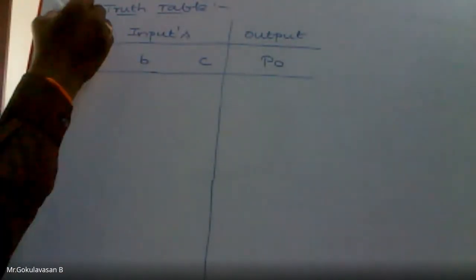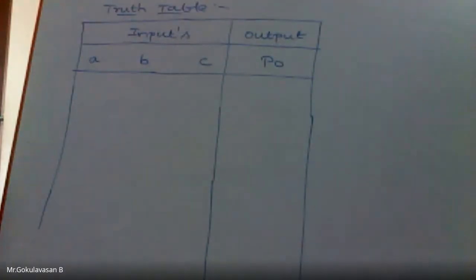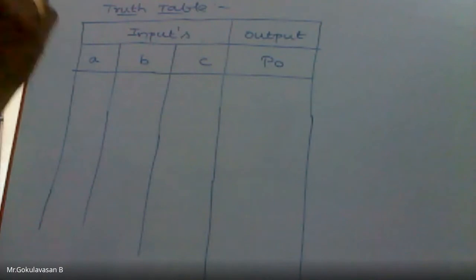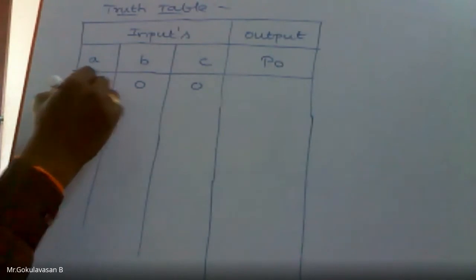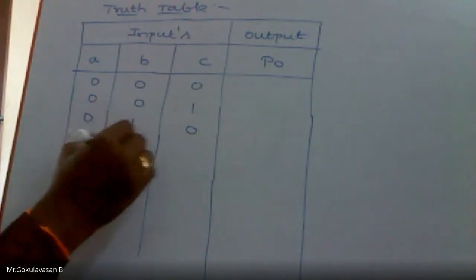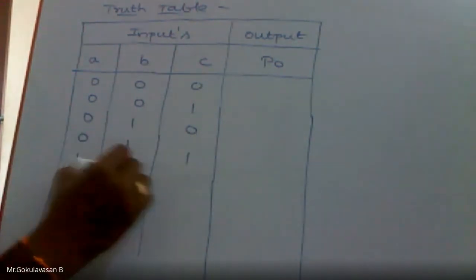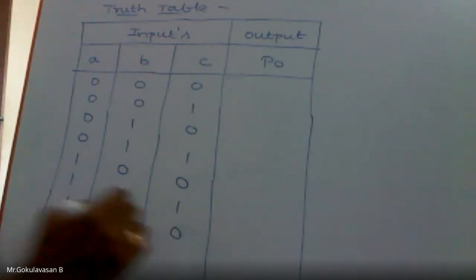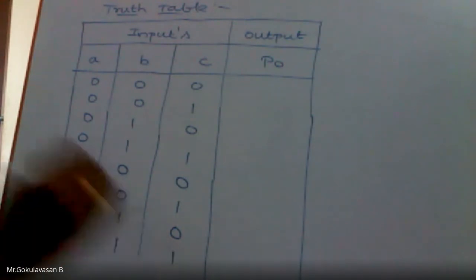How many combinations of inputs can I form with 3 inputs? 8 combinations, right? So the numbers are 0 0 0, 0 0 1, 0 1 0, 0 1 1, 1 0 0, 1 0 1, 1 1 0, and finally all ones. Am I right?